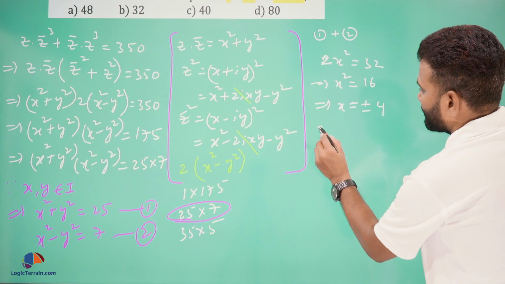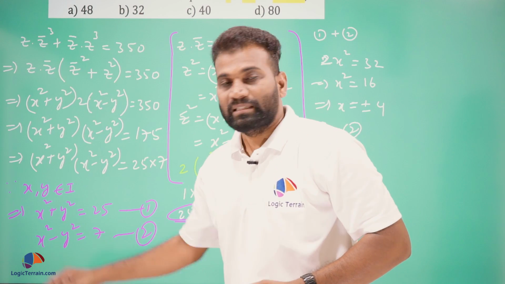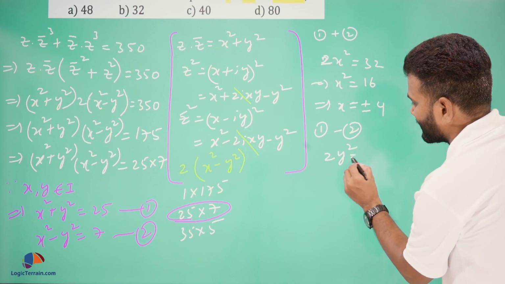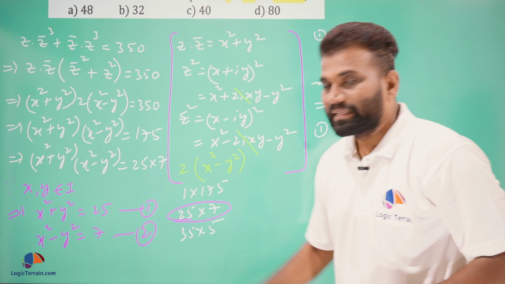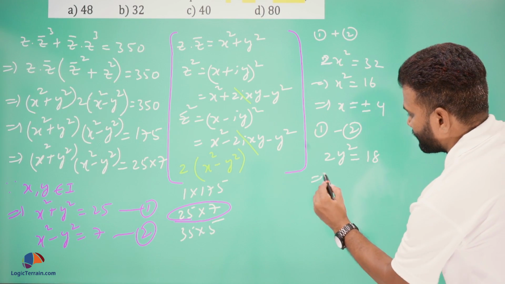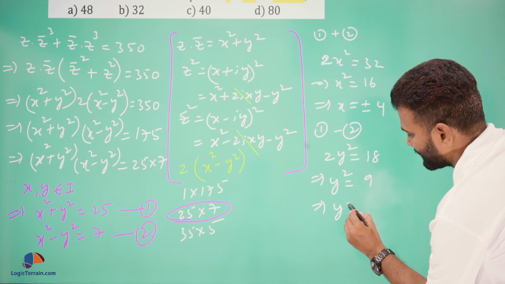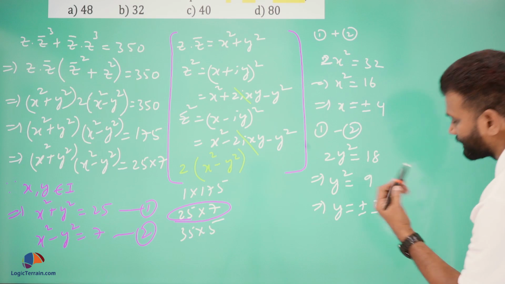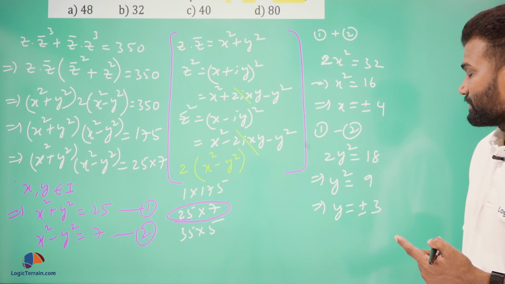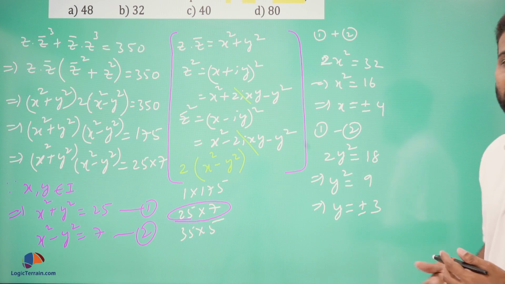On subtracting equation 2 from 1, x square gets cancelled, then we have 2y square equals 25 minus 7, which is 18, so y square equals 9 and y equals plus or minus 3. Therefore, the required x values and y values are plus 4, minus 4, plus 3, minus 3.